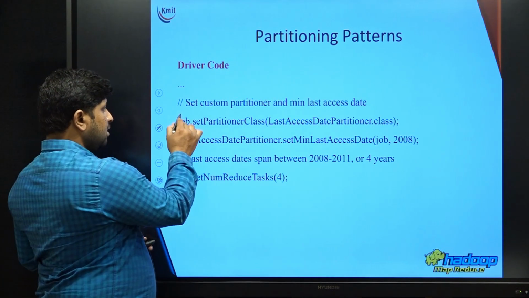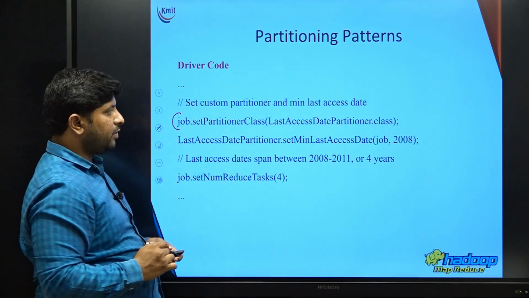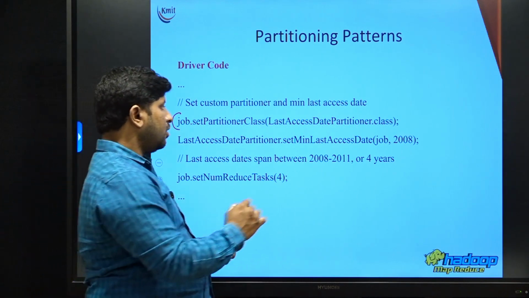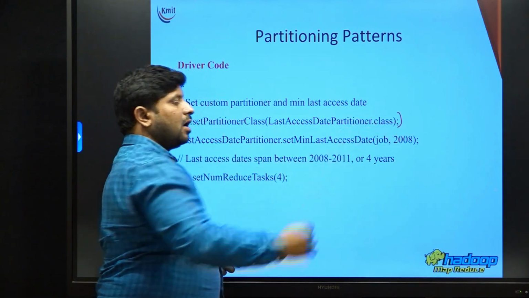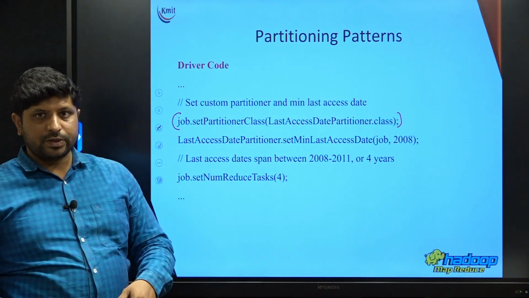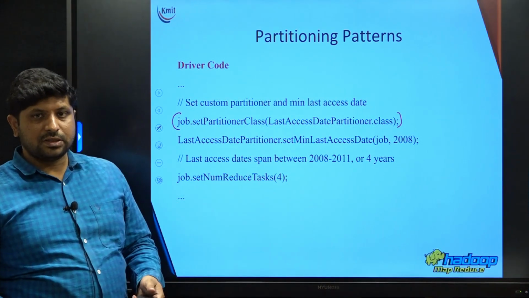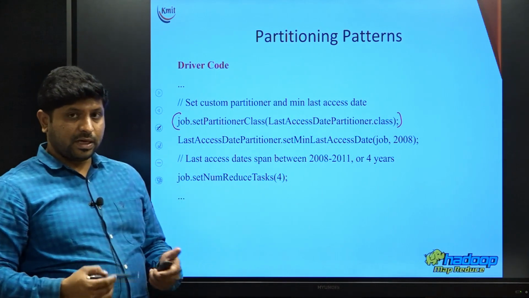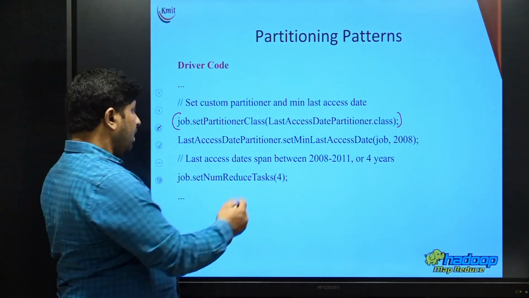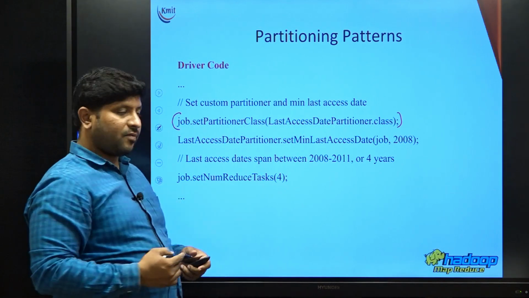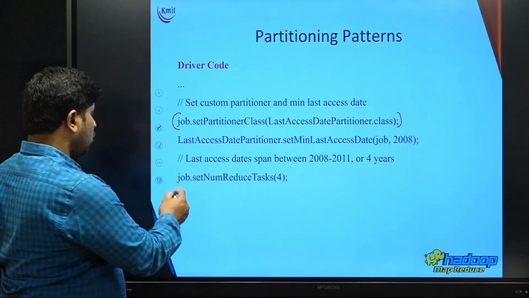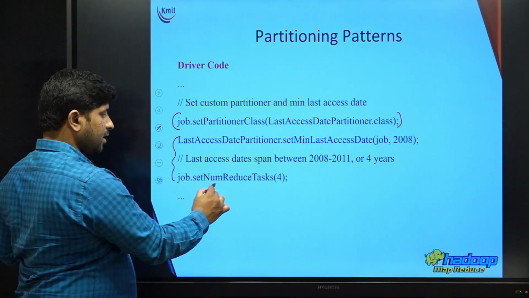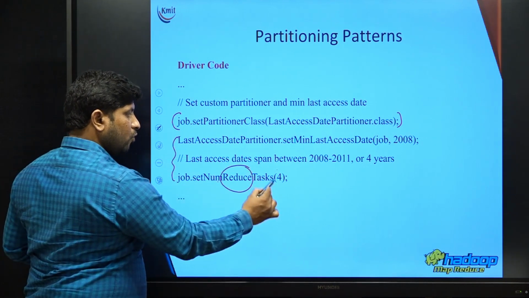So that is the problem statement which we are taking for this example. In the driver class, the only change which you are going to come across is that you are going to create a new class, along with the mapper and reducer class. You are going to create a partitioner class that is going to be customizable, customizing the things according to our requirement. And two more things over here: we are setting our reducer tasks to 4.